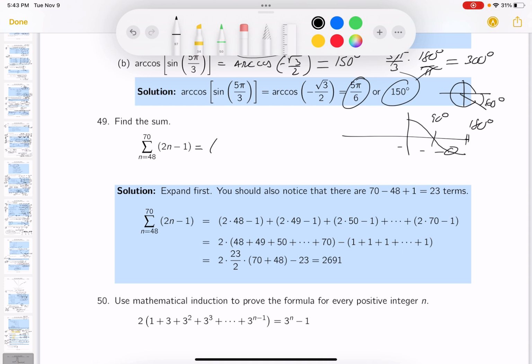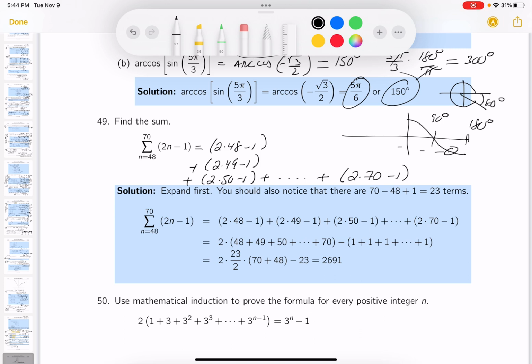In other words, this would be 2 times 48 minus 1 plus 2 times 49 minus 1 plus 2 times 50 minus 1 plus yada, yada, yada, until we get to the end, which is 2 times 70 minus 1.